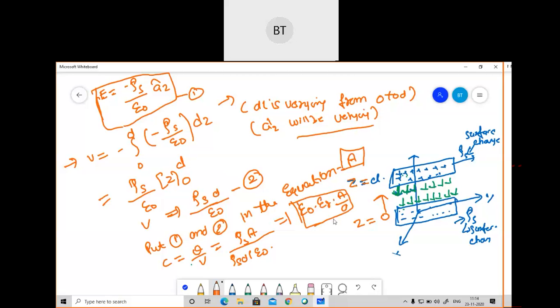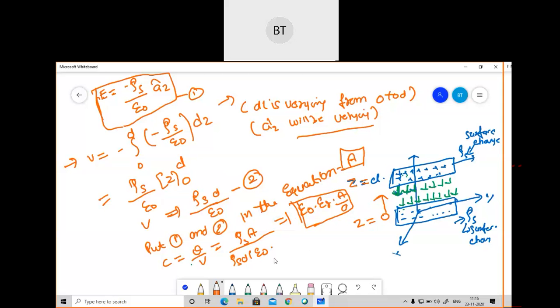In general, epsilon naught will be there, and since it is a dielectric material, we have to place epsilon r. So if in the paper they are asking you to calculate the electric field due to the dielectric material, for that you need to multiply by epsilon r. You have to take one more term, that is epsilon r, and you need to multiply it into epsilon naught.